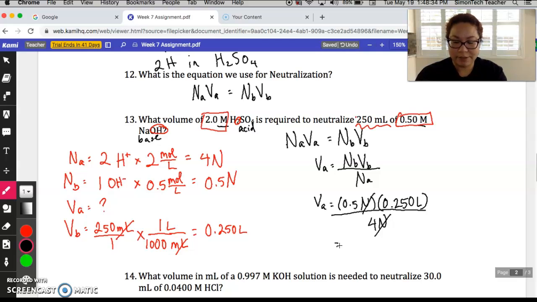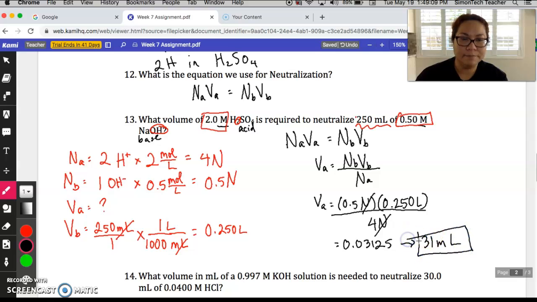So just enter those values in. 0.5 times 0.250 divided by 4. The answer in liters will be 0.03125, and you can put that into milliliters, just multiply by 1,000. And the answer is 31 milliliters. Okay, so that's how you do number 13.